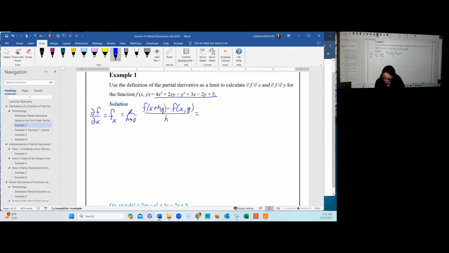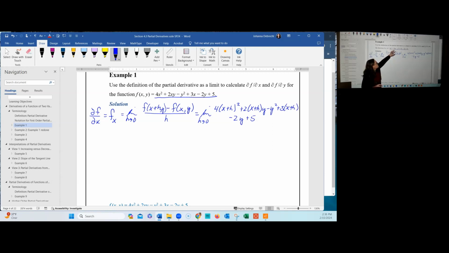Now, what does this mean? This is the limit as h goes to 0 of 4 times, replace x with x plus h quantity squared, plus 2 times x plus h times y, minus y squared, plus 3 times x plus h, minus 2y plus 5. All of that replaces the first term in the numerator, f of x plus h comma y. Then I subtract the function itself at the point that I want to evaluate the partial, x and y.